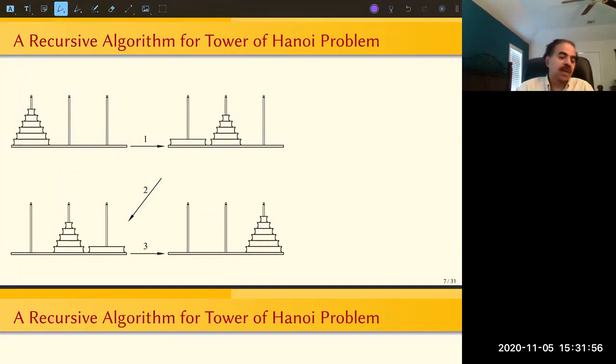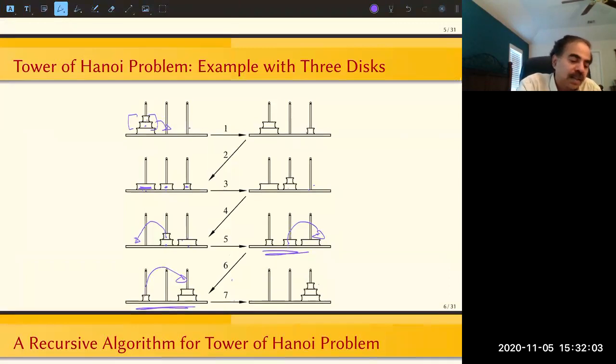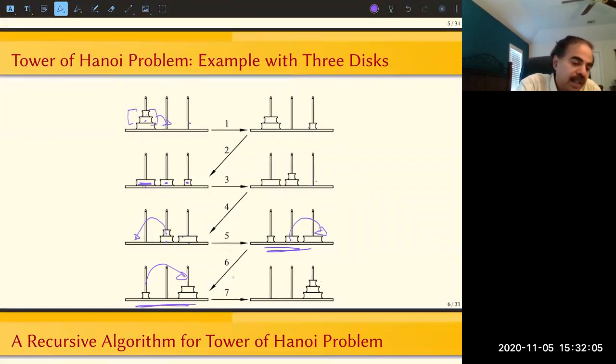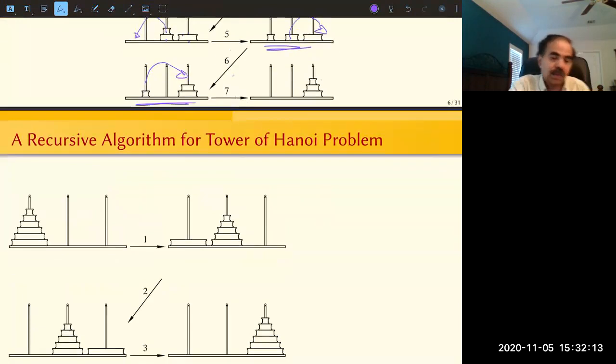So here is where recursion comes in handy, because you can ask, what was my main strategy? The main strategy was to take everything except the bottommost disk and move it to the next post. So first, I need to take all of these n-1 disks and find a way to move them to this one.